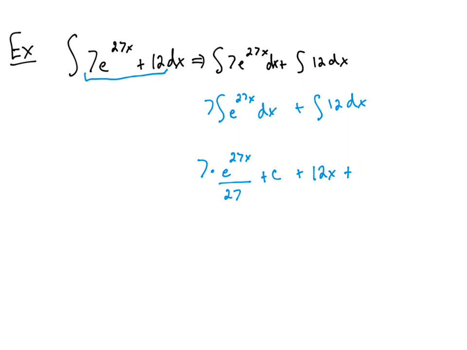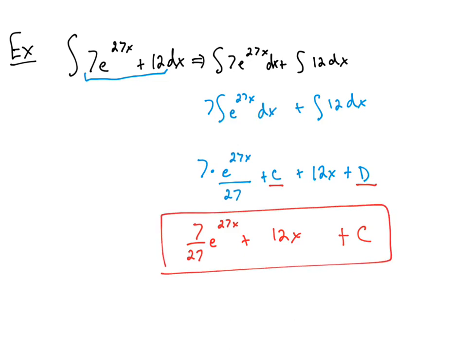It makes more sense to write a different constant, but really it doesn't matter what constant I use, because if I have two constants that are getting added together, I can combine those into a single constant. When we add two constants, we end up with a constant. So I can just write plus c at the very end of whatever my expression is. So this will be 7 over 27 e to the 27x plus 12x plus c, and that's the integral.